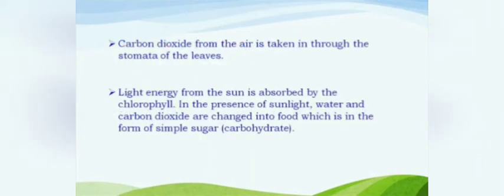Carbon dioxide from the air is taken in through the stomata of the leaves. Light energy from sun is absorbed by the chlorophyll. In the presence of sunlight, water and carbon dioxide are changed into food, which is in the form of simple sugar, that is carbohydrate.